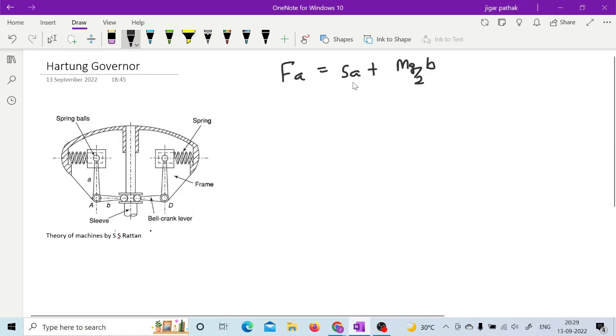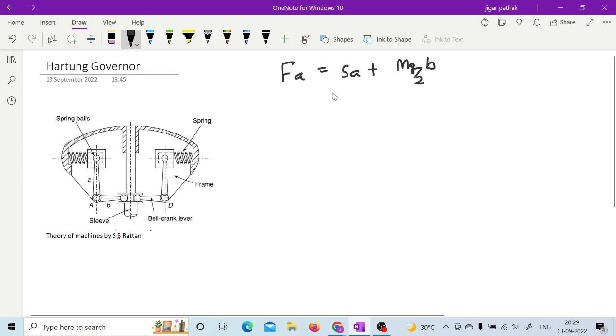So this S can be written as K delta, right? This is the spring force, as it is given by K delta, so it will be represented as K into R minus R0, whatever initial radius, and from that whatever radius is achieved. And then F is again mr omega square.